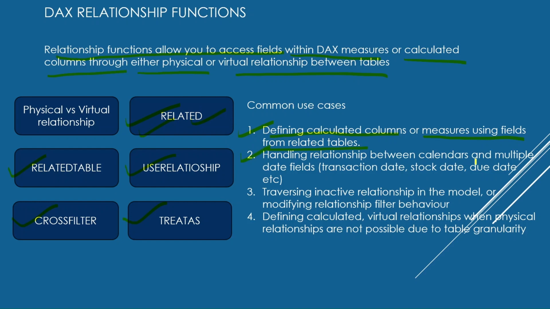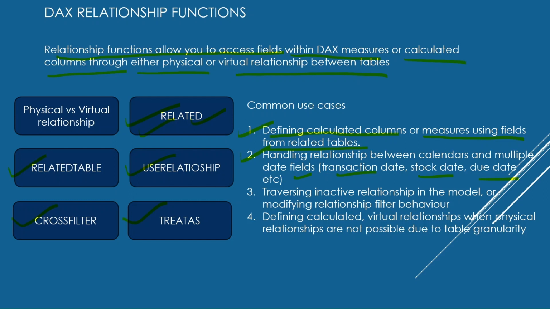The next use case is handling relationships between the calendar and multiple date fields, such as transaction, stock, due date, etc. Whenever there is a requirement to handle relationships between the calendar and multiple date fields, we can do it with the help of a relationship function. Whenever we are creating a report in a big organization, the calendar table plays a very important role, and there are multiple date fields associated with different tables which have a relationship with the calendar table.